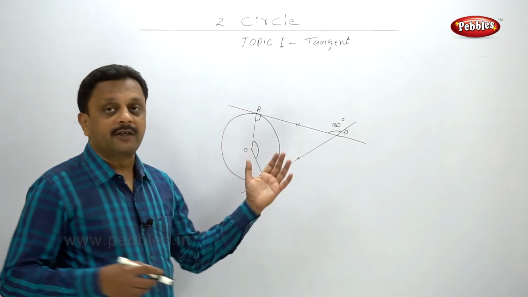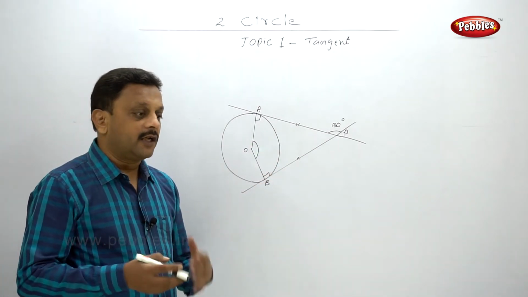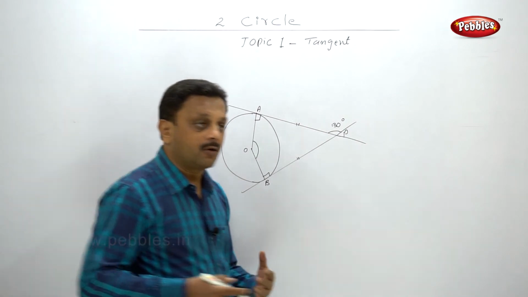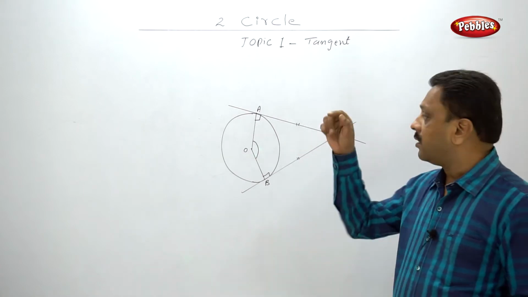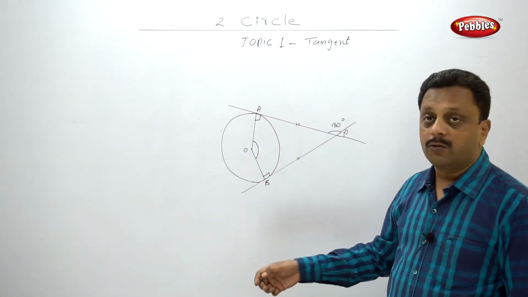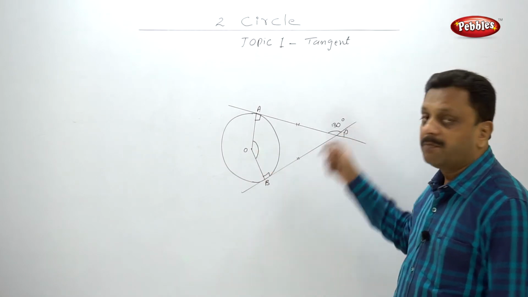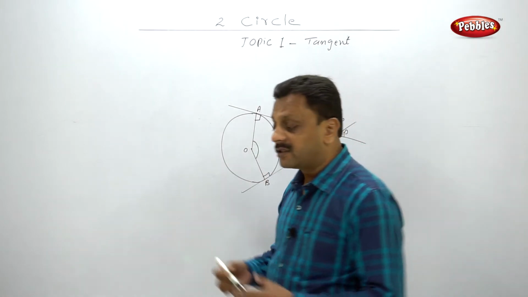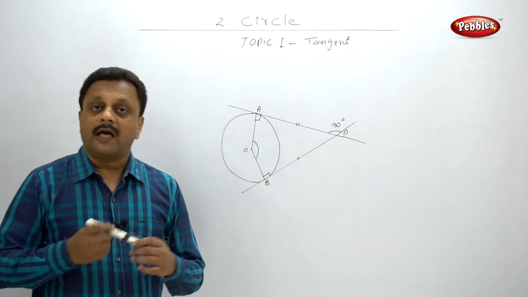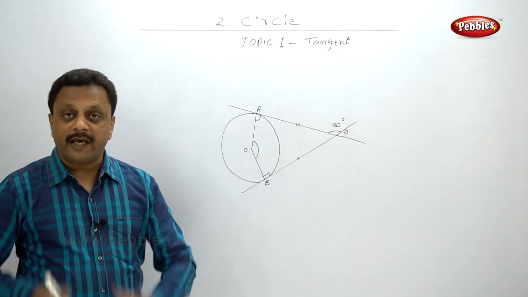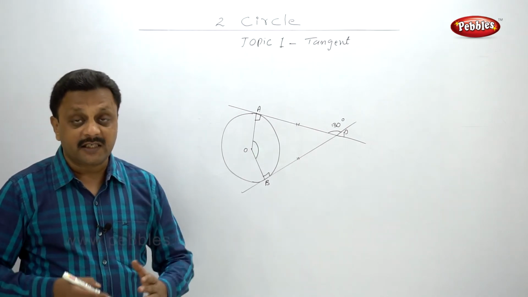Whenever there are quadrilaterals or triangles where so many angles are involved, generally in books, in your digest or in your notes, the angles are written as angle AOB equal to, angle PAO equal to angle OBP, but after some time it gets confusing. While writing also you may commit mistakes. So as far as possible, give names to those particular angles, so it is very easy to solve.